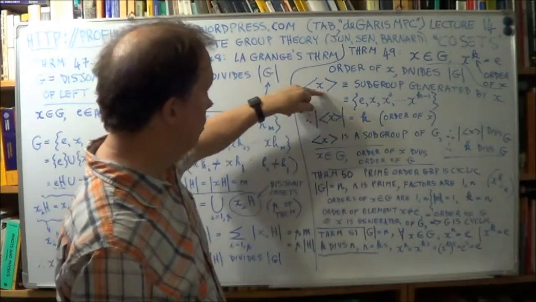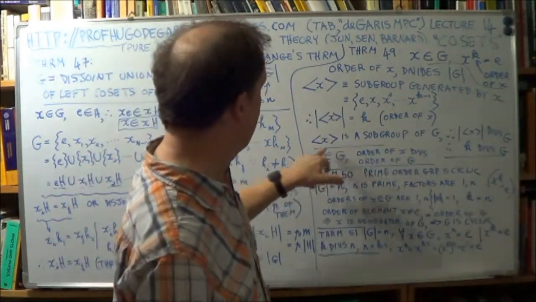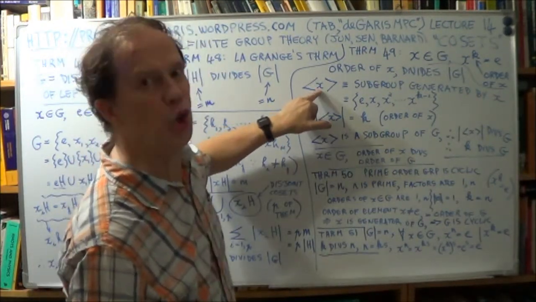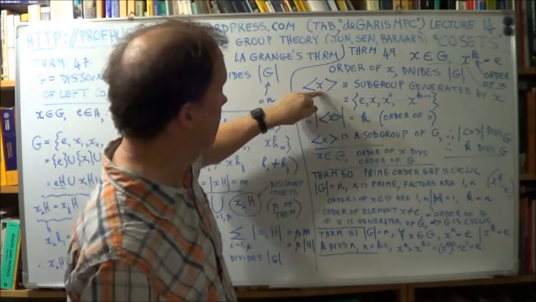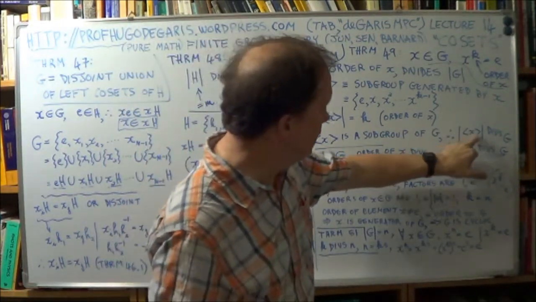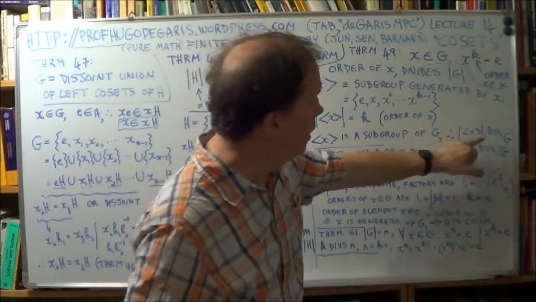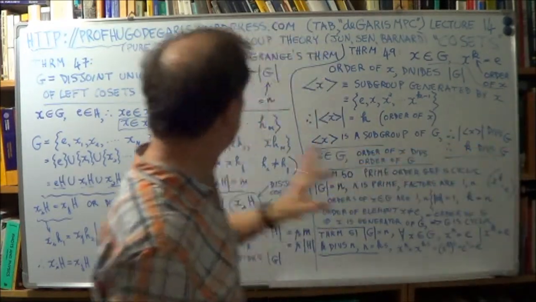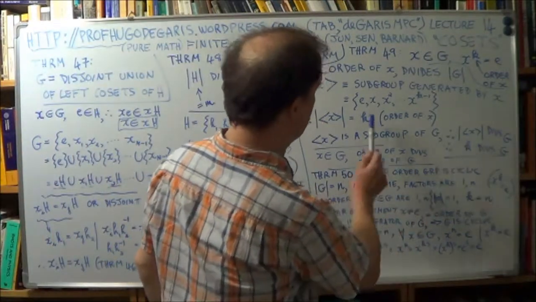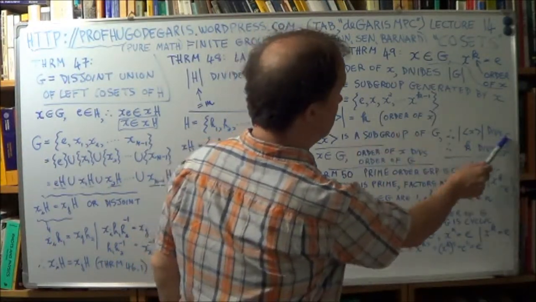Now, this is a subgroup, this subgroup generated by the element x. It's a subgroup of G, and therefore its size, the size of the subgroup, divides G. That's just Lagrange's theorem. So the size of this divides this.